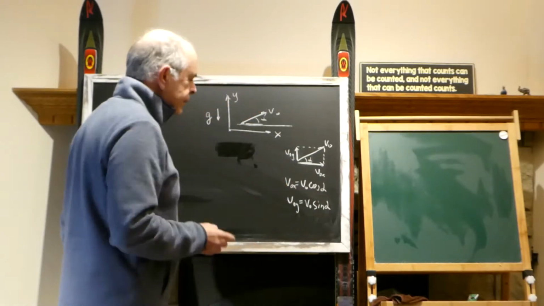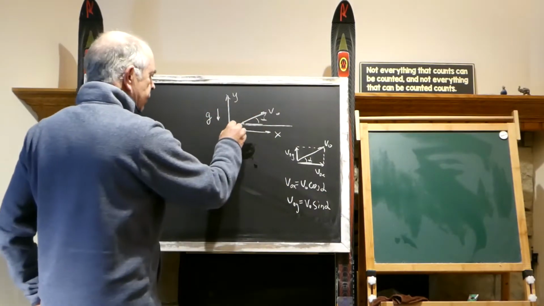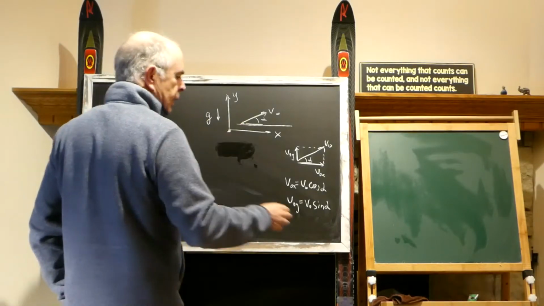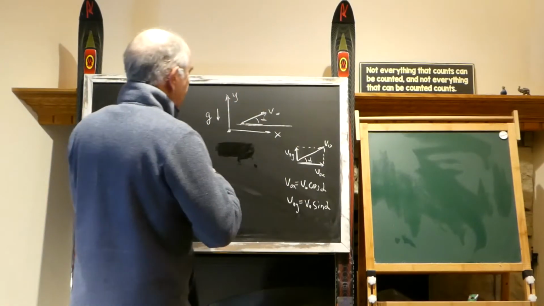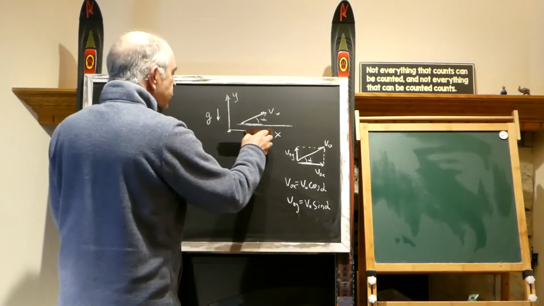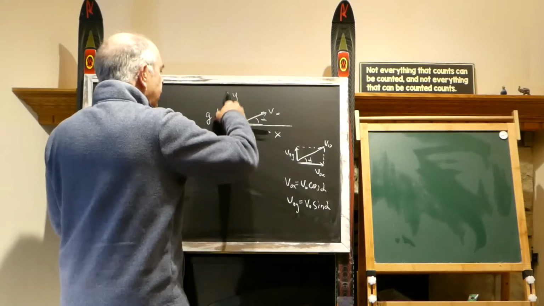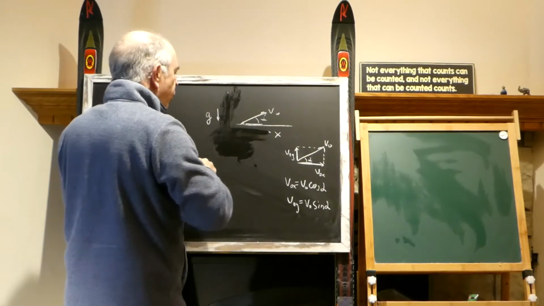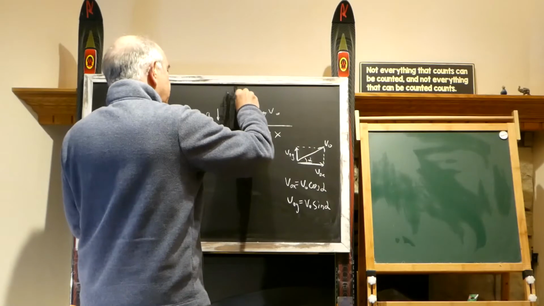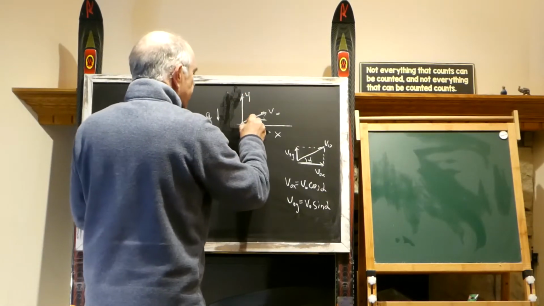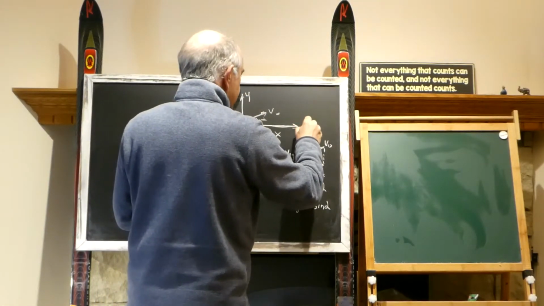So the body travels from the point where it is thrown, and it's always x and y. This would be y, and this would be x.